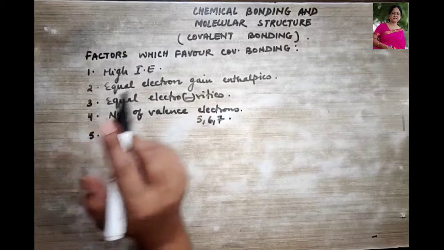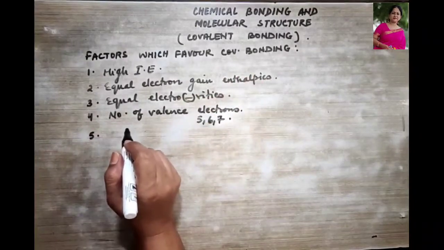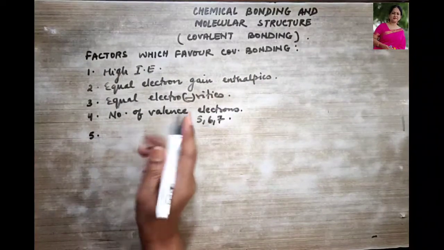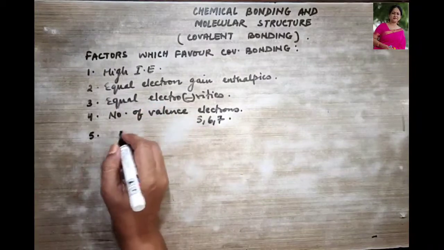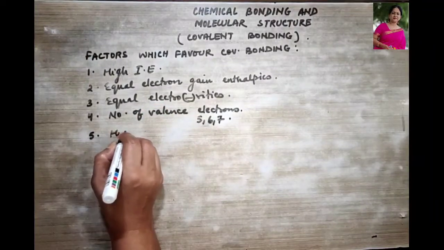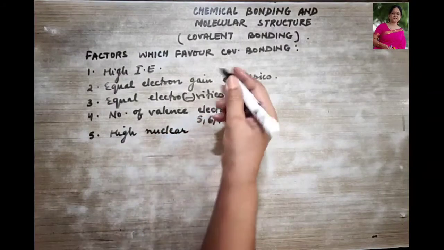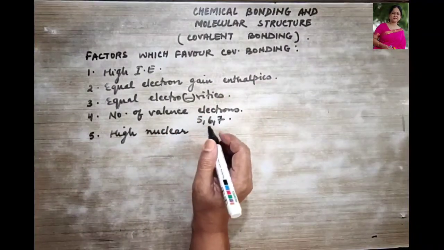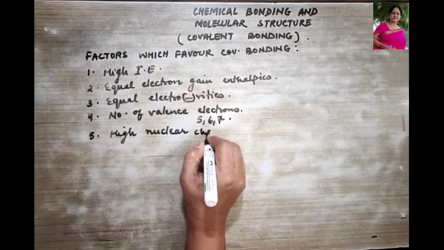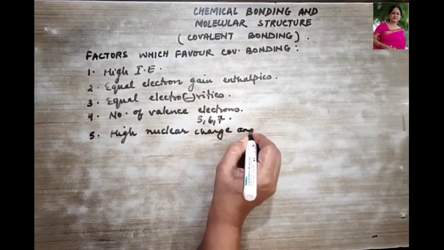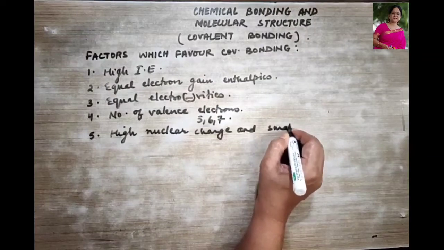The fifth important factor which favors covalent bonding is high nuclear charge and small internuclear distance. The more the nuclear charge, the more favorable the condition for covalent bonding.